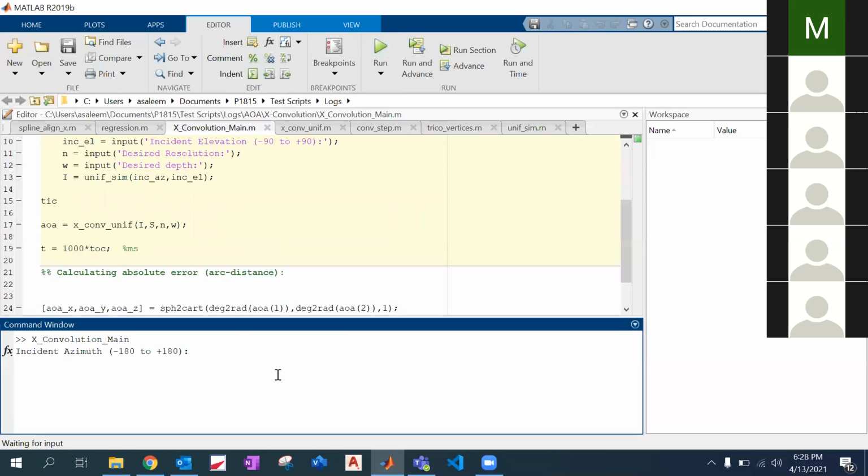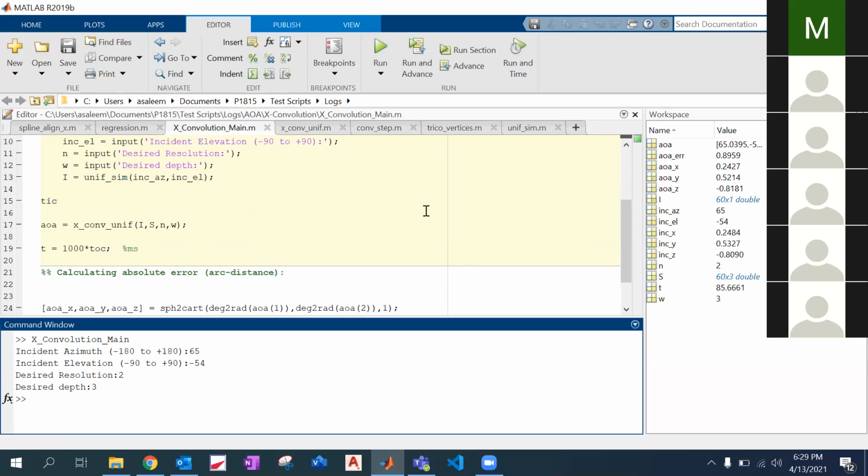So let's say we specify 65 and then negative 54. For the purpose of explanation, I'm going to start with a very low resolution and show you how bad it looks. So if I do 2, and do this 3 times, the AOA error is actually pretty large. You see that? It's like 0.8 of an arc second, which is not bad, but still pretty large.